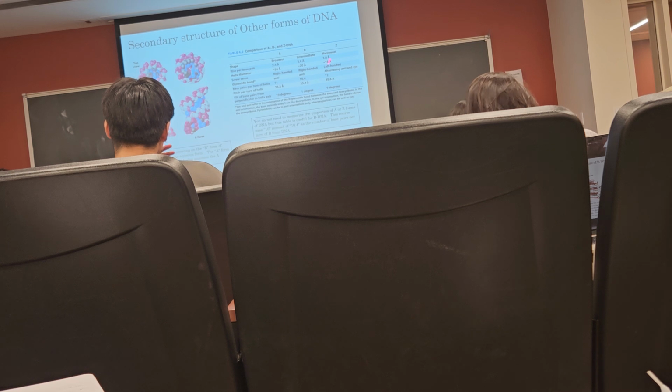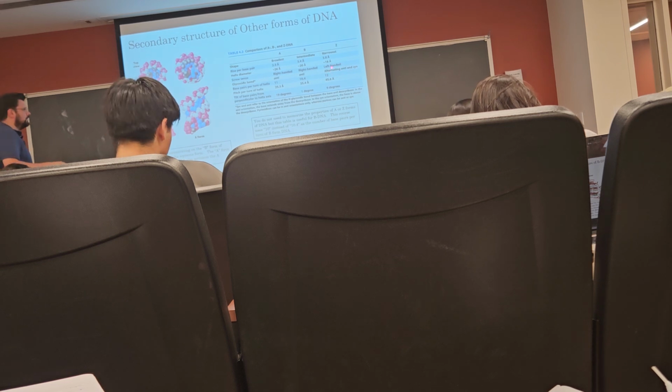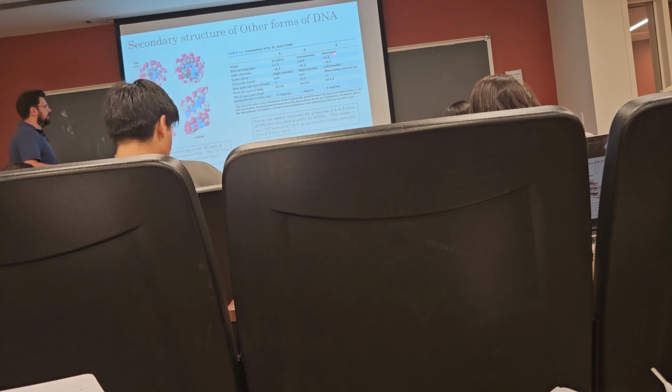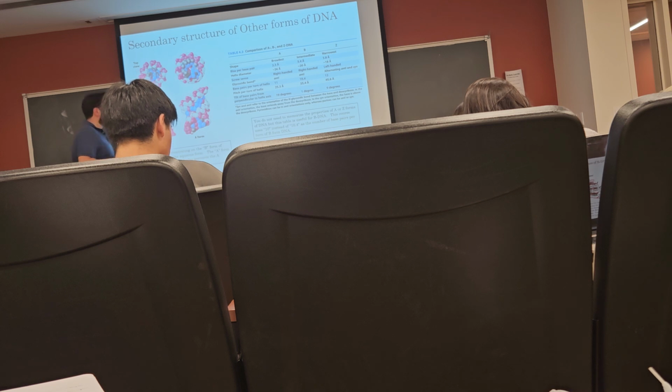And even weirder is Z-DNA, right? So Z-DNA is long and skinny, and it's zigzaggy, right? So it is a left-handed helix, first of all, okay? It's taller, it's got a rise of 3.8 angstroms. It's narrower, it's got 18 angstroms, so it's tall and narrow, the opposite of A-DNA. What's weird here is that it's got alternating anti and syn glycosidic bonds, right?